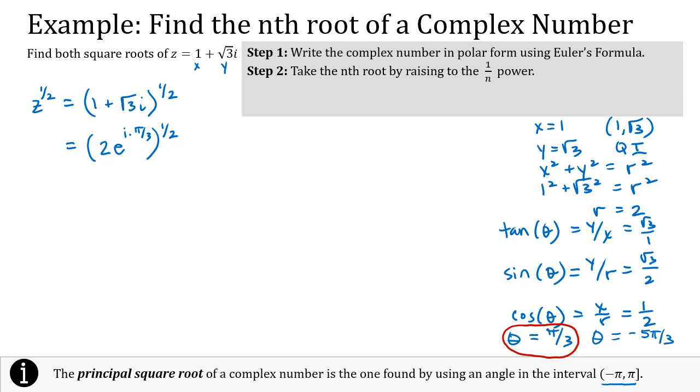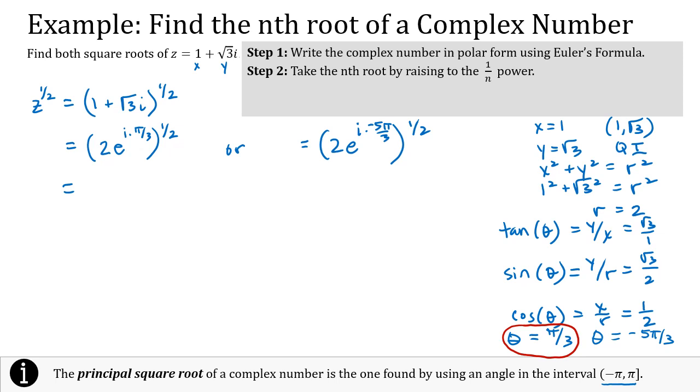Okay, so my z to the 1/2 power is equal to 2 times e raised to the i times pi over 3 power, or it's going to equal 2 times e raised to the i times -5 pi over 3 power. I'm going to put both of those in there.